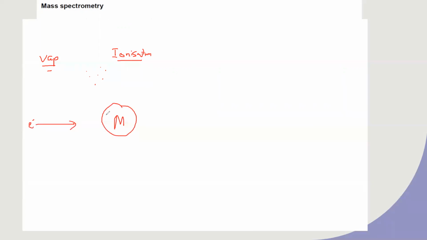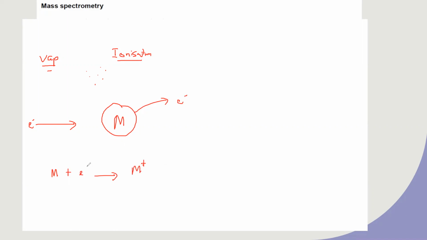When we target this molecule with a fast moving electron, this will remove an electron. So if we write the equation, we have a molecule, we target it with the electron, then it will remove an electron, so it will form a positive ion or cation. There can be multiple emission, like maybe 2 or 3 electrons might be released from the molecule, but we are considering the simplest molecule in which only one electron is knocked out.